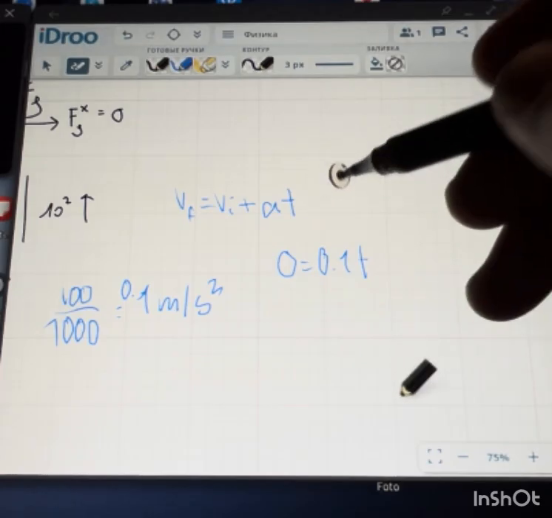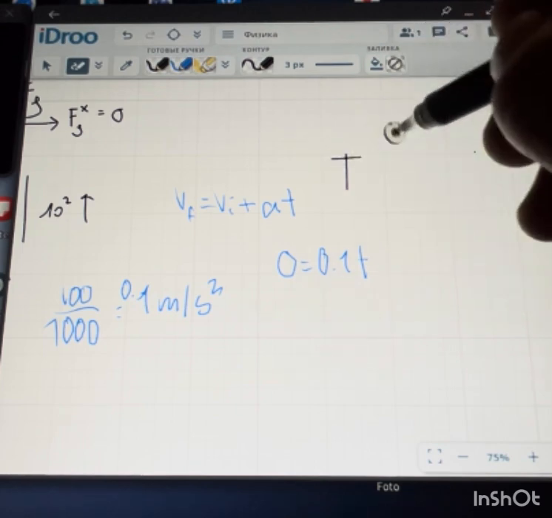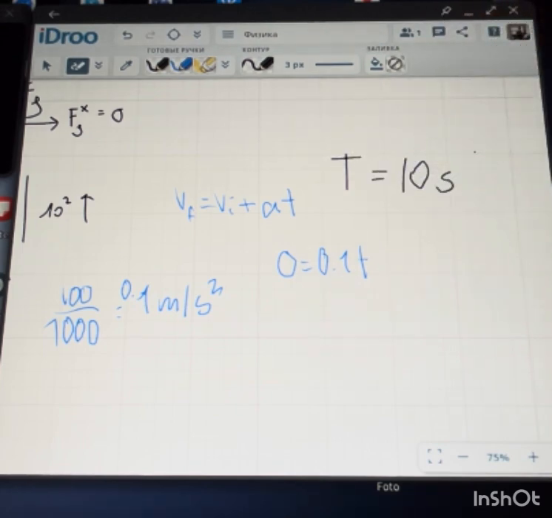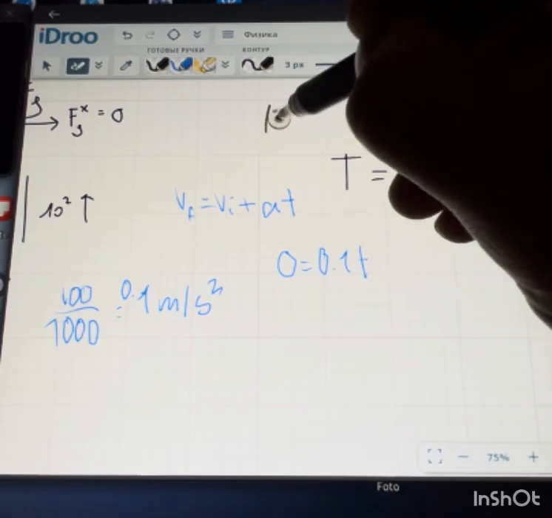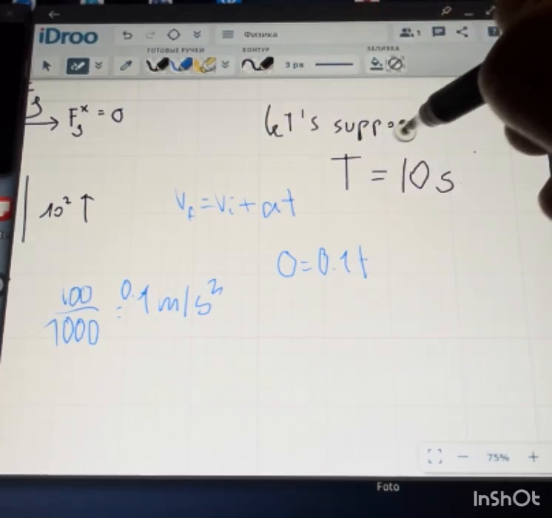Okay, let's say that we change the conditions and we find that after 10 seconds this engine switches off. What is our next step?